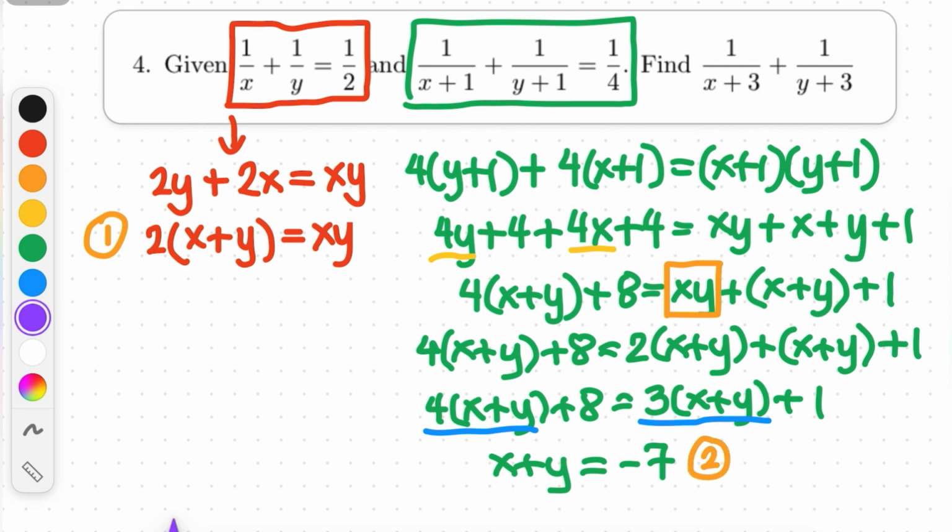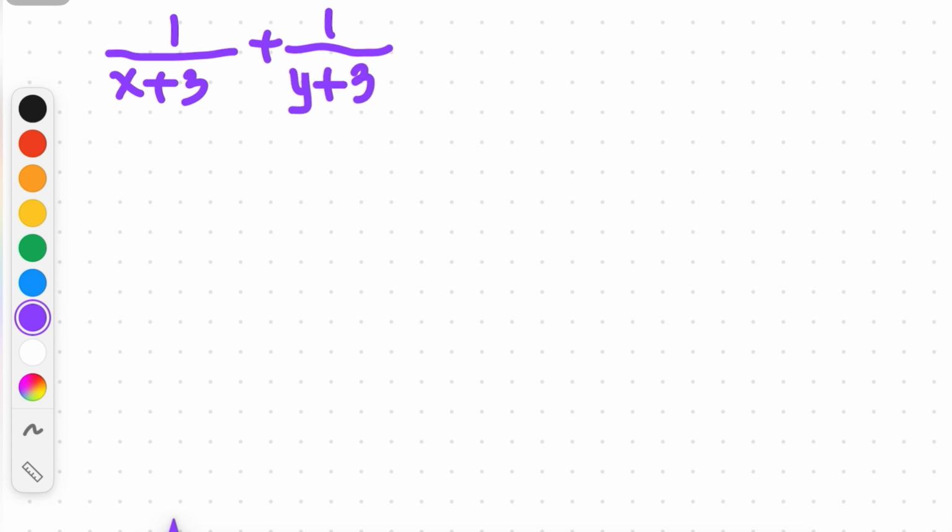So now let's turn our attention to the expression we're trying to evaluate: 1 over x plus 3 plus 1 over y plus 3. To find the value of this expression, we're going to start by combining these two into one fraction.